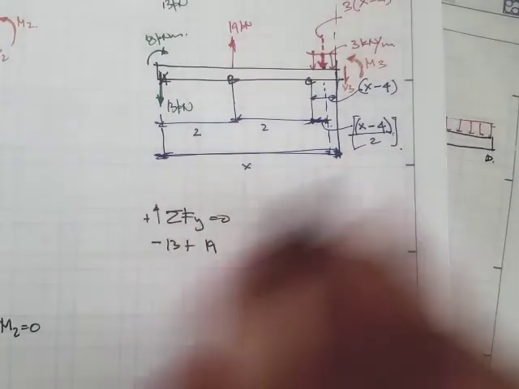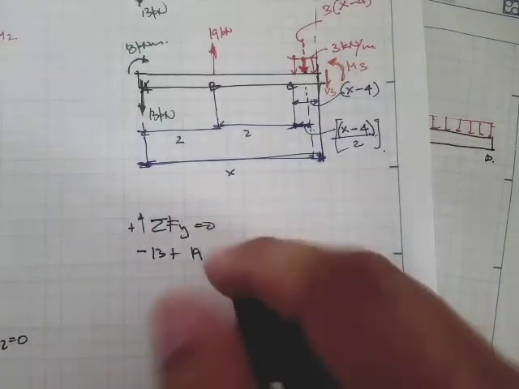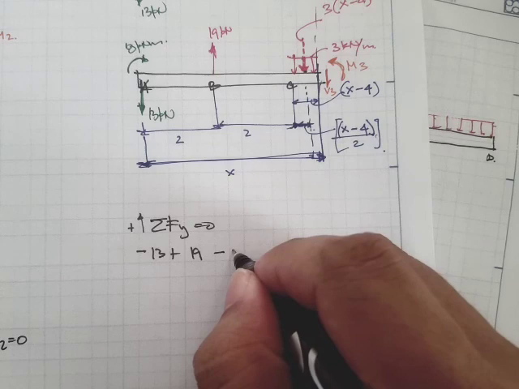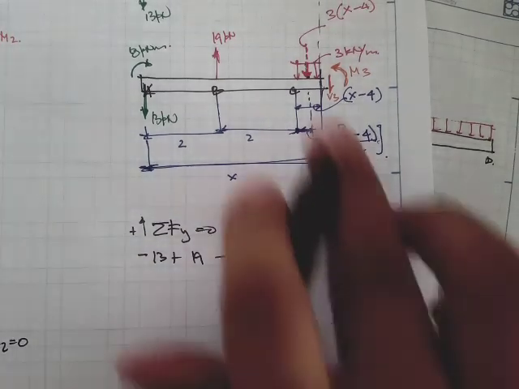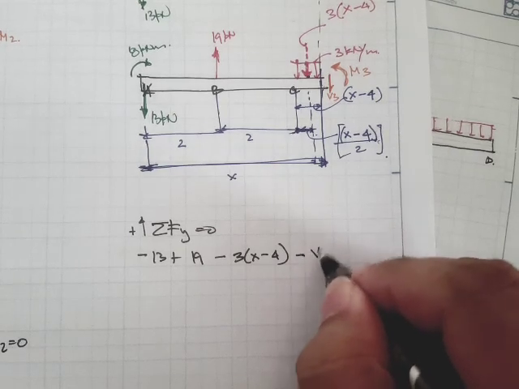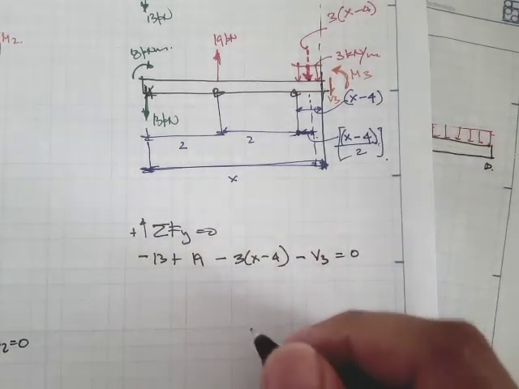So negative 13 plus 19, minus 3 times x minus 4. And what else? Our shear force, minus V sub 3 is equal to 0.